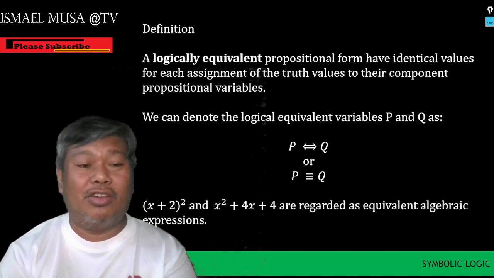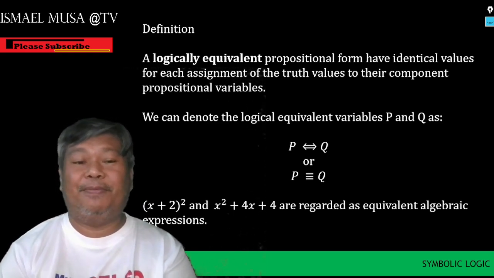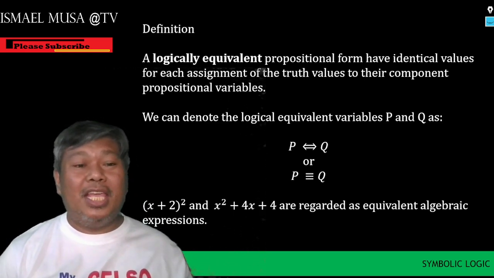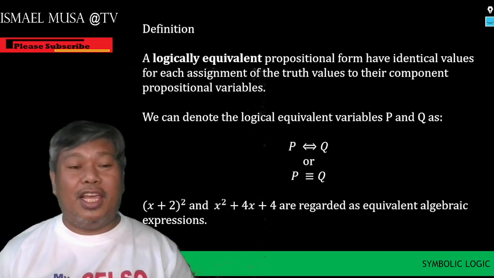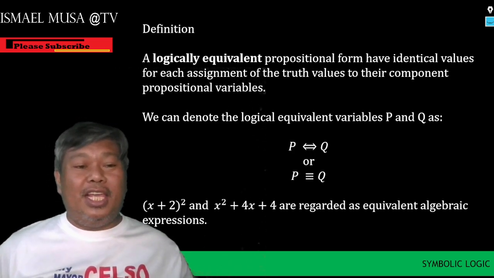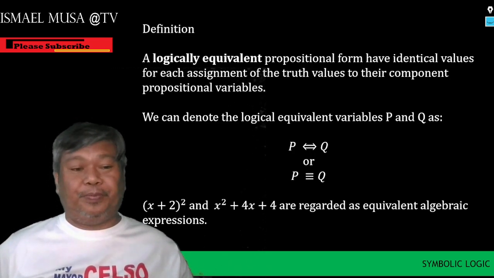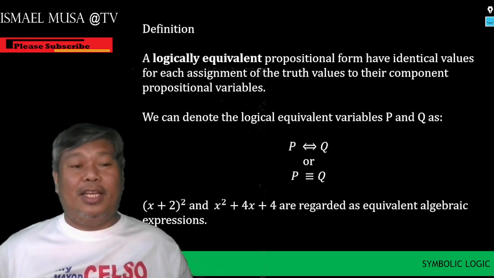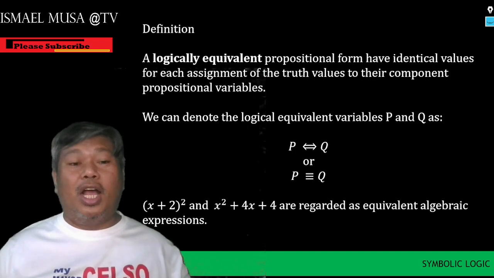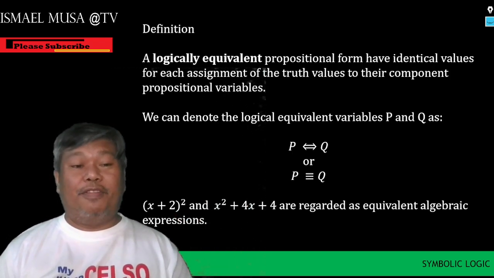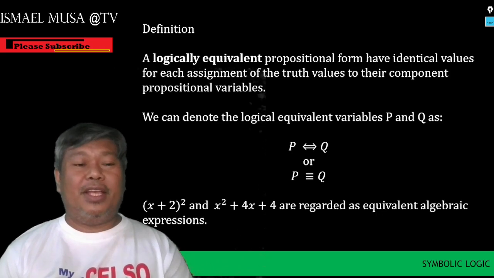We can denote the logically equivalent propositions P and Q as P double arrow Q, or we say P if and only if Q, or P is logically equivalent to Q. So when do they have true? If both P and Q have the same truth value.